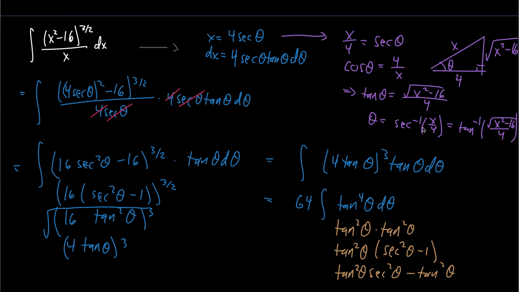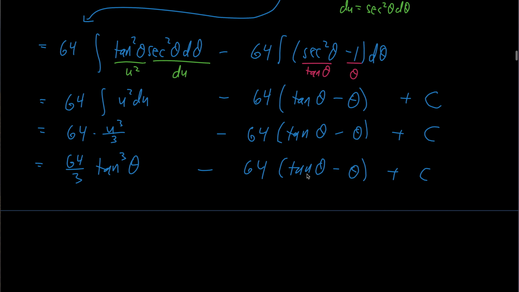So let's bring all this down here, right? Again, tangent is this, secant is this. So we'll try and plug this in. I'll write this on the side here again. So our tangent, we said, was root x squared minus 16 over 4. And then we said theta could be any combination, right? I might use secant inverse of x over 4 here. Therefore, we'll plug this in, right? What would be my final outcome?